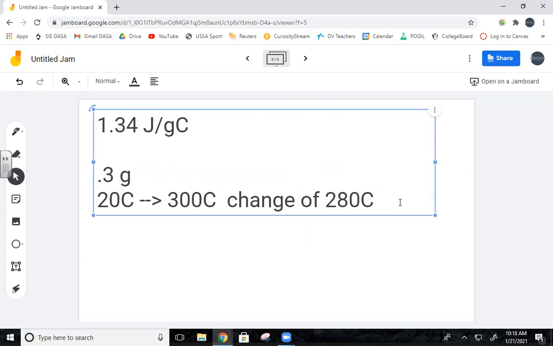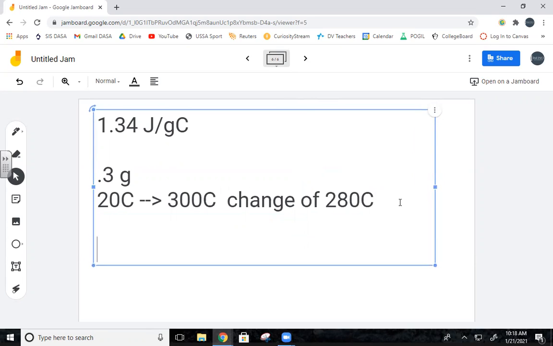All right. So, how are we going to do this? How do we figure out how much energy is needed to light this piece of paper on fire?